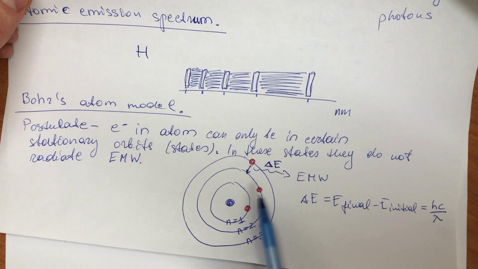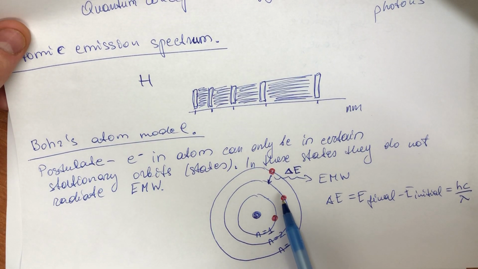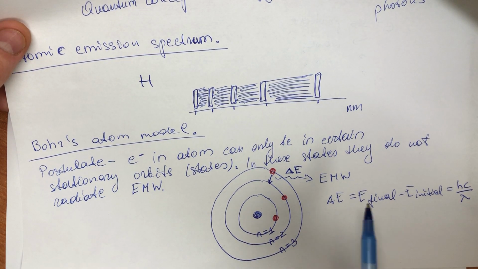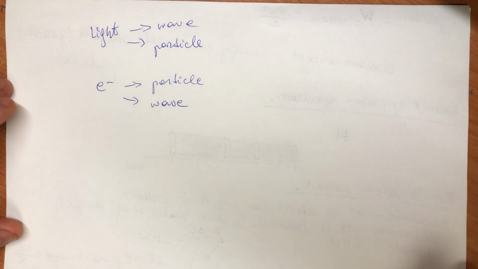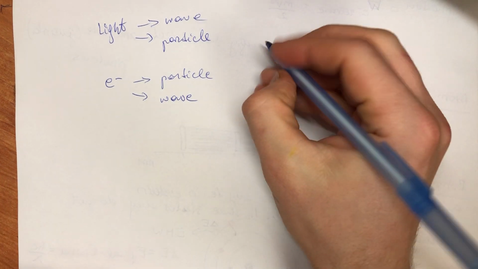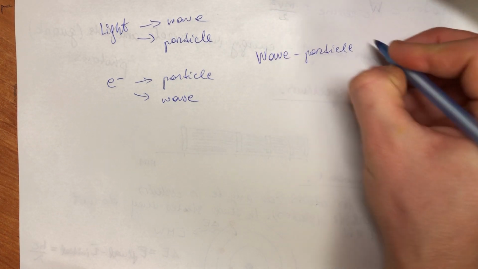Instead of thinking about electrons moving in orbits around the nucleus, we can think about an electronic cloud, not as a particle, not as a wave, but some kind of cloud that has both properties of particle and wave surrounding the nucleus. So it's known as wave-particle duality.